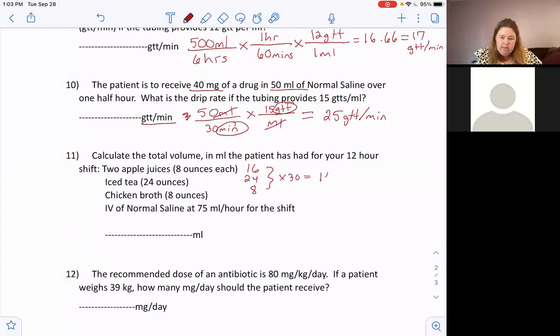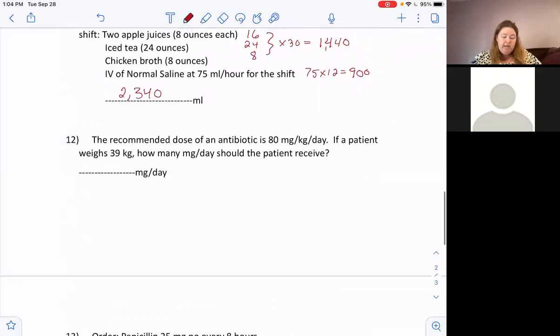So that's 1,440. And then an IV of 75 milliliters per hour. So there's 12 hours. So 75 times 12 equals 900. So 900 plus 1,440 equals 2,340 milliliters.